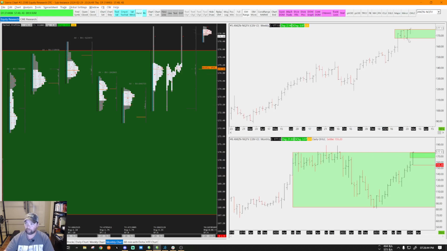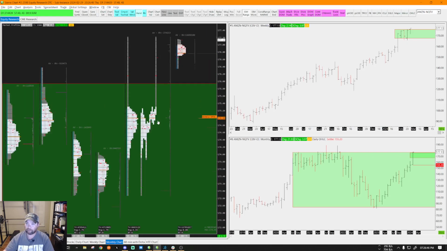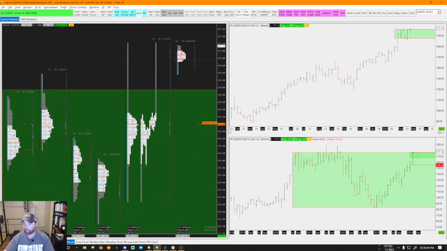The only reason I don't like that is because whenever you get these big monthly breakouts out of these huge balance areas, they're going to be huge. And I just don't see the market having the volume in it right now to make that happen.